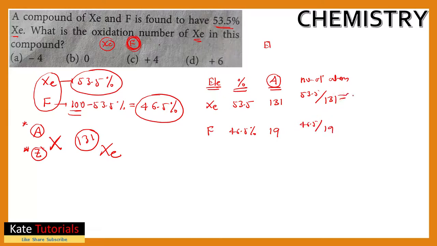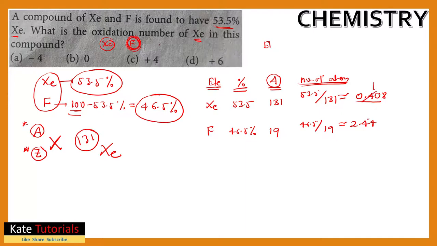So I'll get 0.408 as the relative number of atoms of xenon, whereas the relative number for fluorine is 2.44. If I remove the decimal point here, it is 4 point something, let us take it as 4. If I remove the decimal point here, it is 24 point something, just take it as 24.